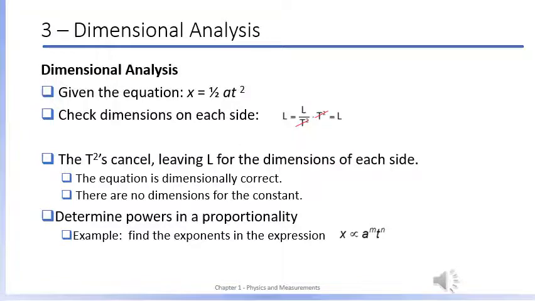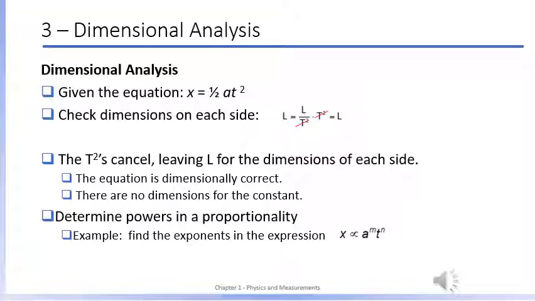So given the equation x equals half a t squared, a for acceleration and t for time, let's check the dimension on each side. The dimension of the position x is L, it's a length. The dimension of the acceleration is L over T squared, position divided by time squared.